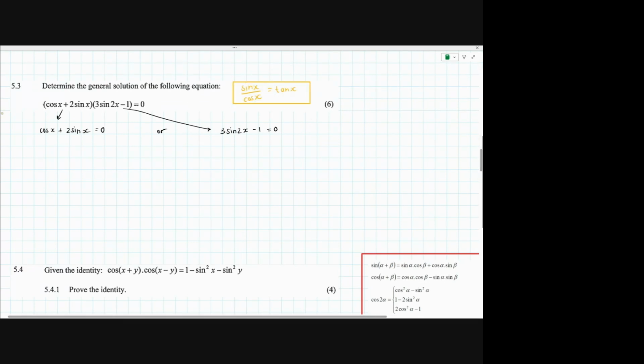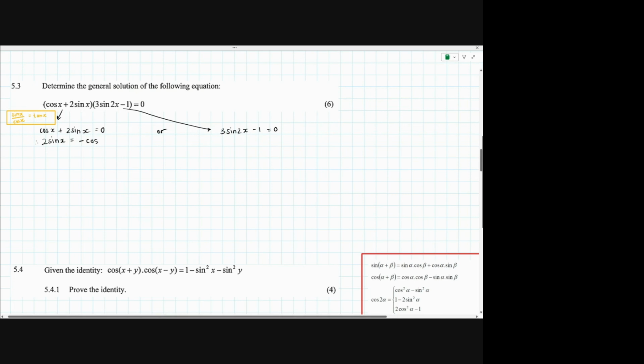This is something that we need to remember when we are working with the general solution. So for this equation on the left-hand side, let's just move it over here. How you choose to isolate this, I don't care, but we are going to have to divide by cos. Generally what I do is I make the sine term positive.